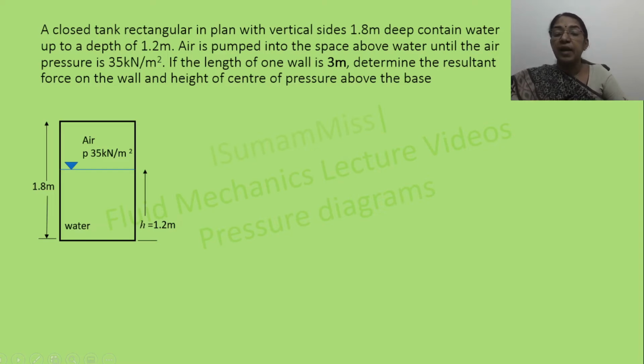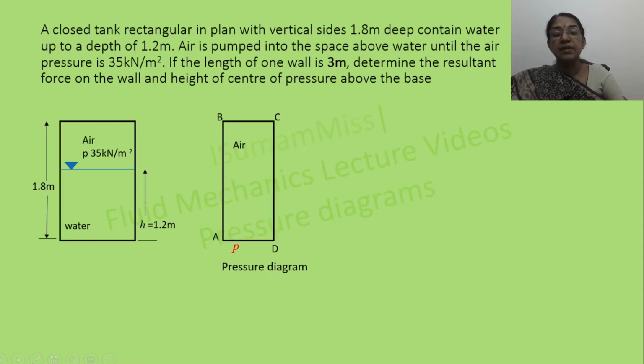So here the air pressure is transmitted uniformly over the whole of this vertical wall. So the pressure force due to air can be represented by a rectangular diagram, that is ABCD. Since this wall is rectangular and this air pressure is distributed uniformly, the pressure force due to air acts at mid height of the wall, that is 1.8 meter by 2.